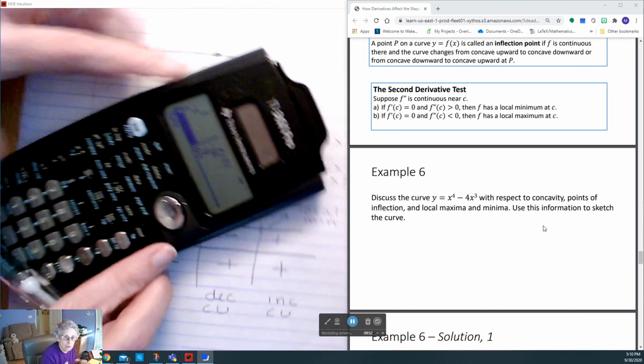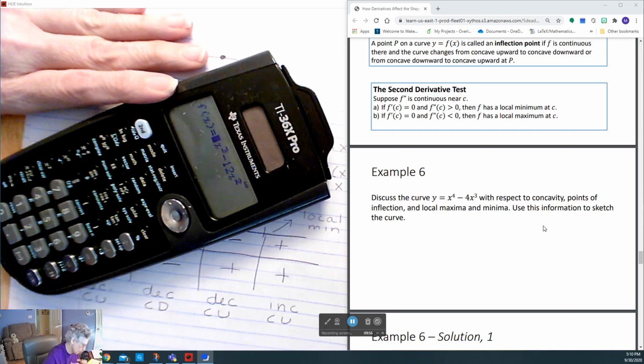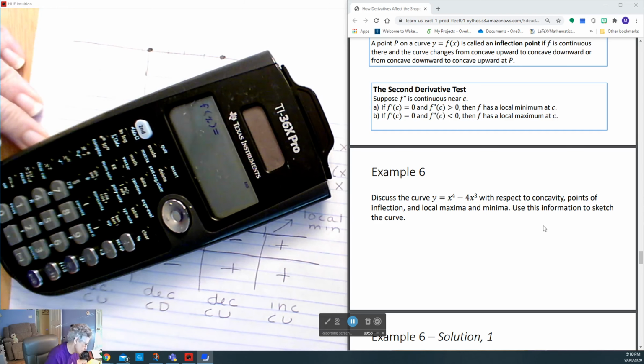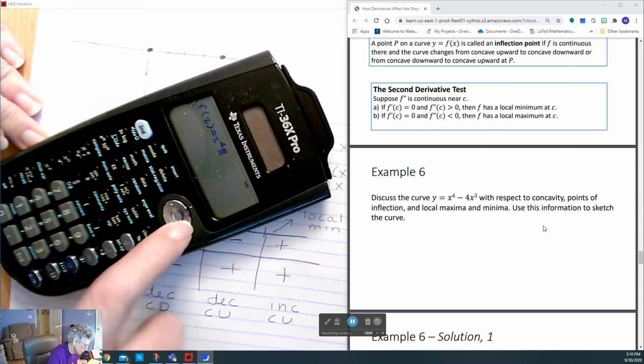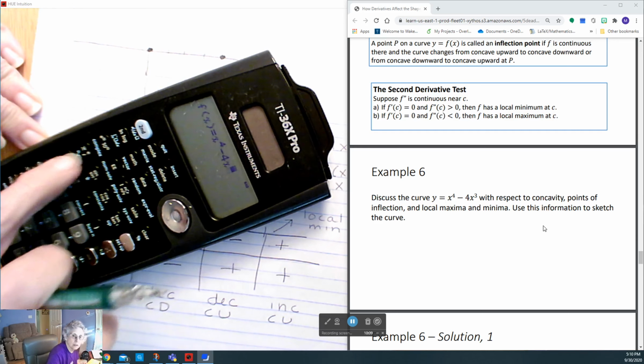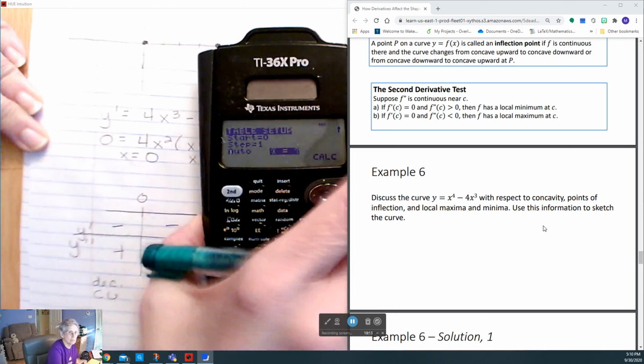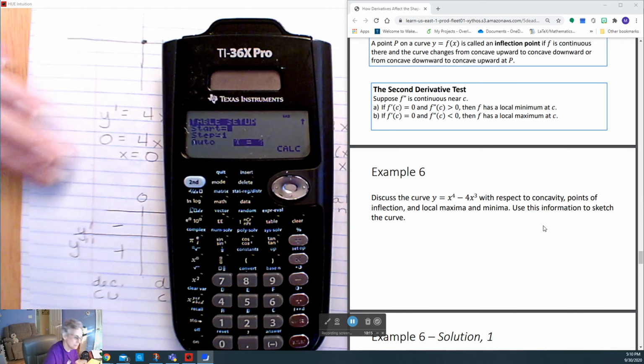So I'm going to go back and switch out my function and put in, instead of the derivative, x to the fourth power minus 4x to the third power. Now I'll put it right side up for you.